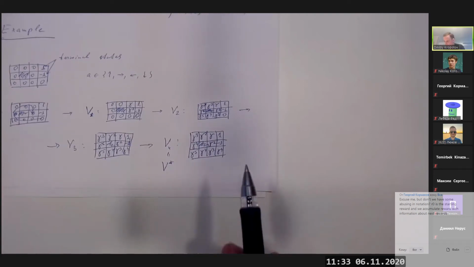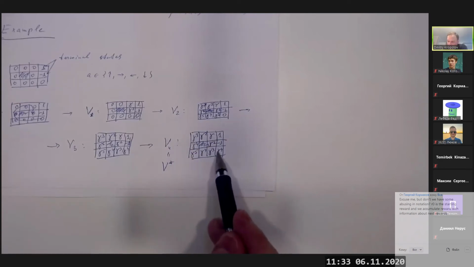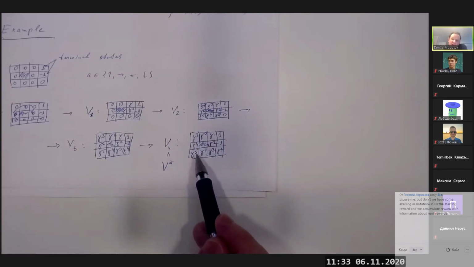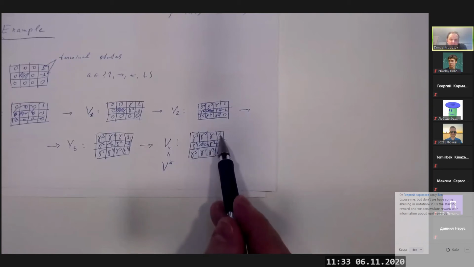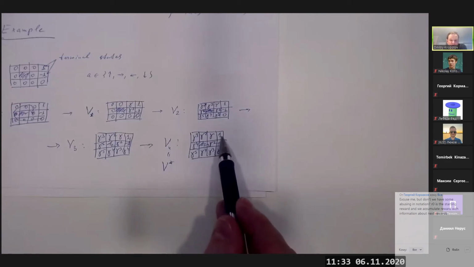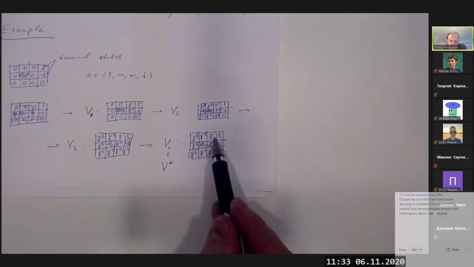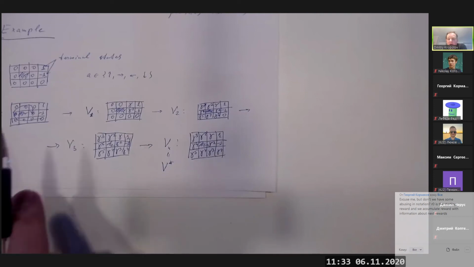So our optimal value function at each particular position actually shows us the length of the optimal path to the upper right corner. So starting here, in order to reach this position, we need to go through 5 cells.